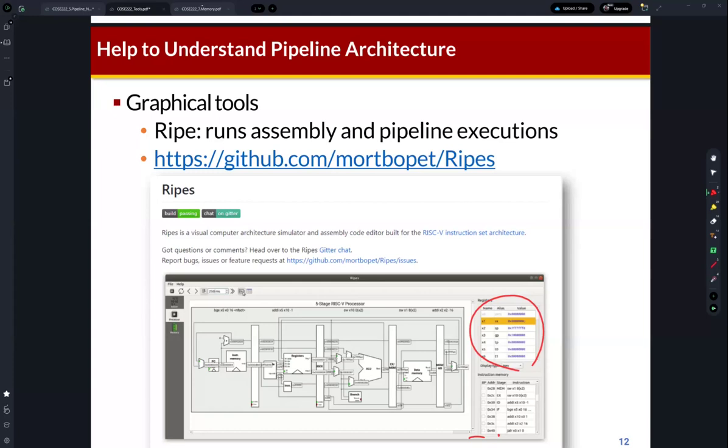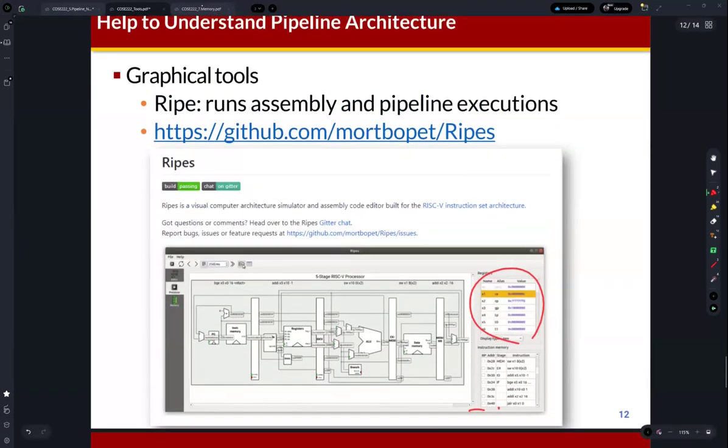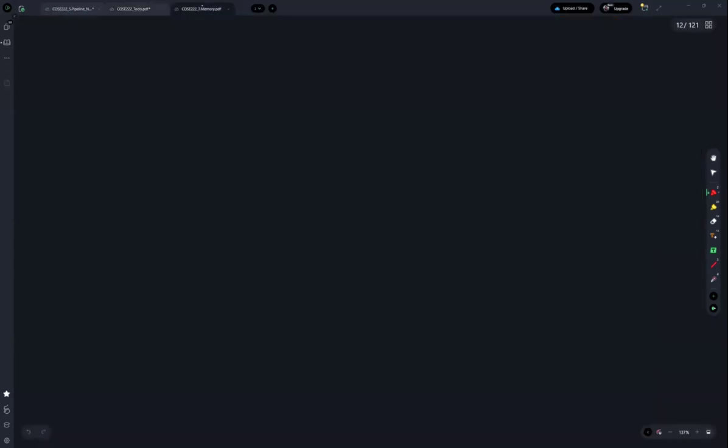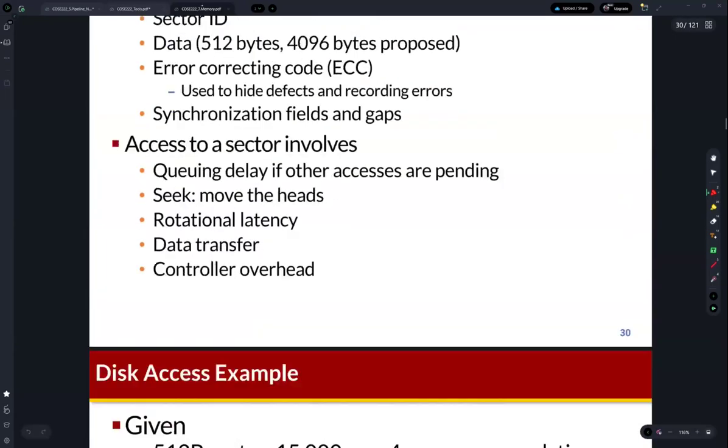Okay, so and then these tools can be helpful for understanding some behavior of hardware. Okay, so try to use this tool.